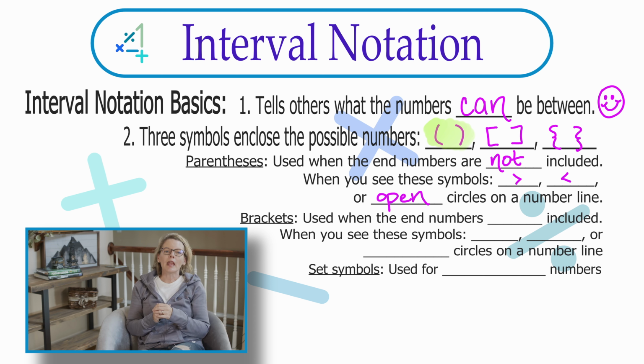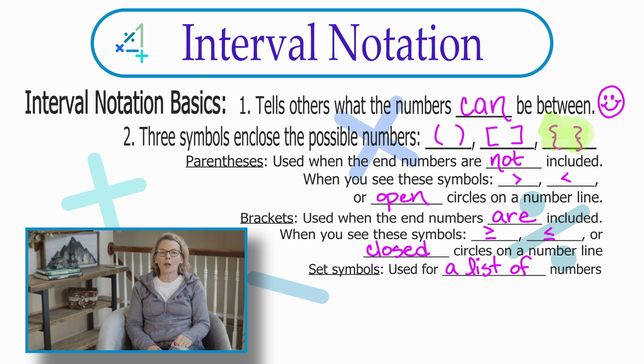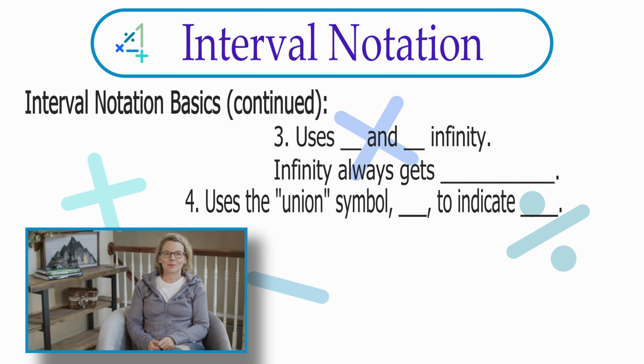Brackets are used when the end numbers are included, like greater than or equal to or less than or equal to, and closed circles on a number line. Set symbols are used when we list a number or numbers it can equal, like x equals 3 and 4. We have so many new rules and symbols, we get another short page of them.